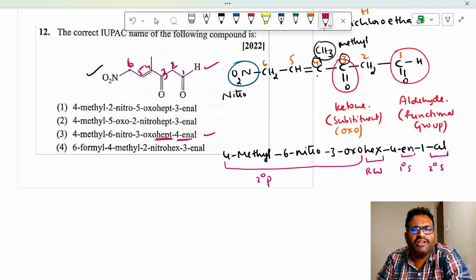So 4-methyl 6-nitro. According to this structure, we find this name. Okay, 1, 2, 3, 4, 5, 6. That's it. So there may be one more carbon missing in the structure, right?